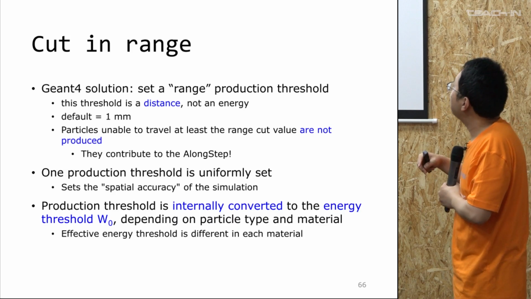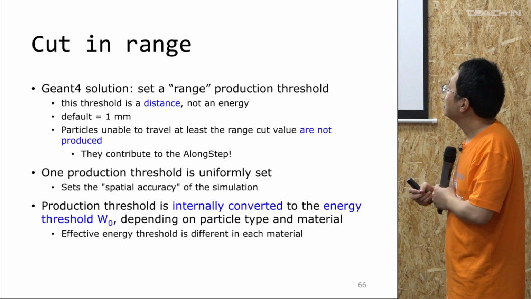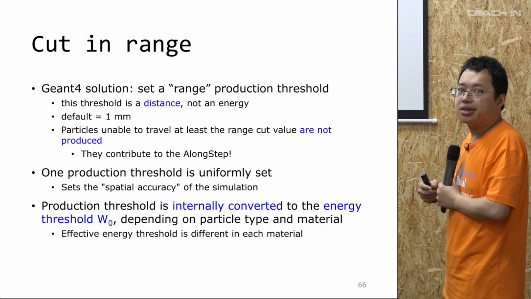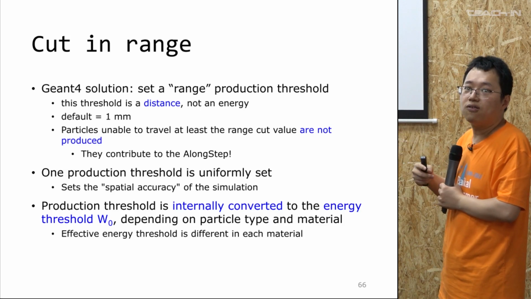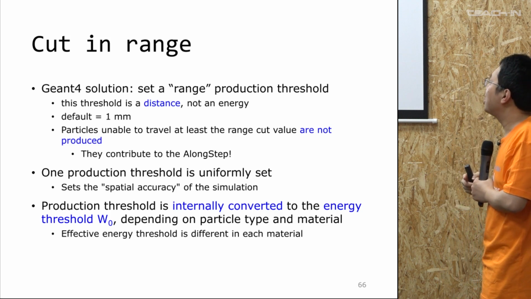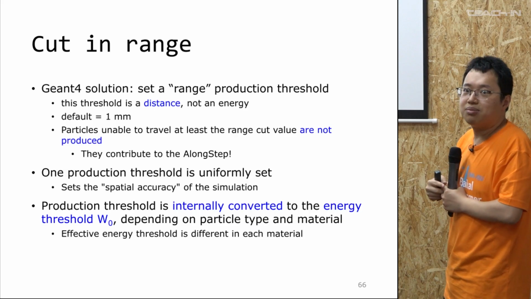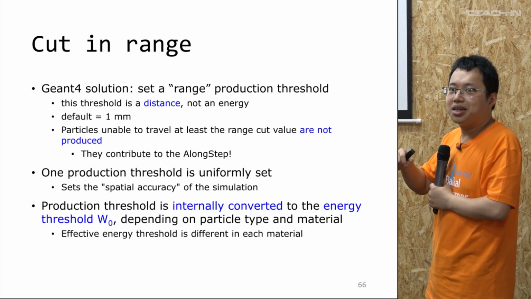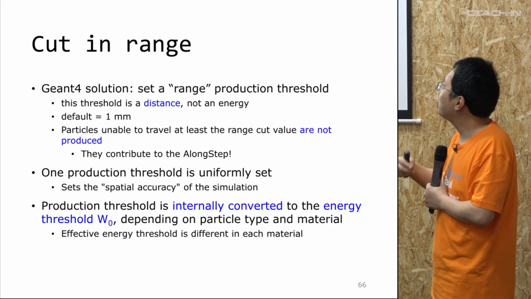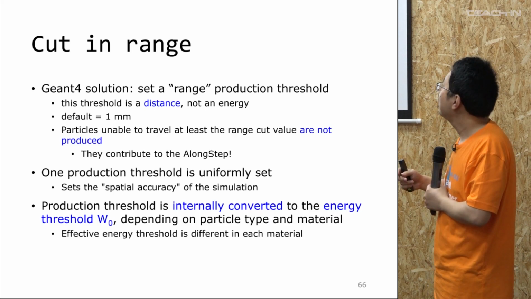When we discuss this production cut, Geant4 actually uses the so-called range instead of the energy, because the problem is that if we use the energy, in different materials the response will be very different.